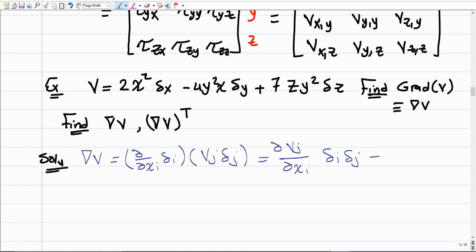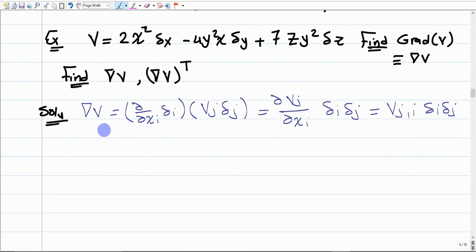There is no further operation. We can simply write this as vj comma i, delta i delta j. If you decided to write this tensor in the tensorial form, it should be written this way: we're gonna have here the x column, the y column, the z column, and here the x, the y, and the z. So you have to make sure that we are going to switch.